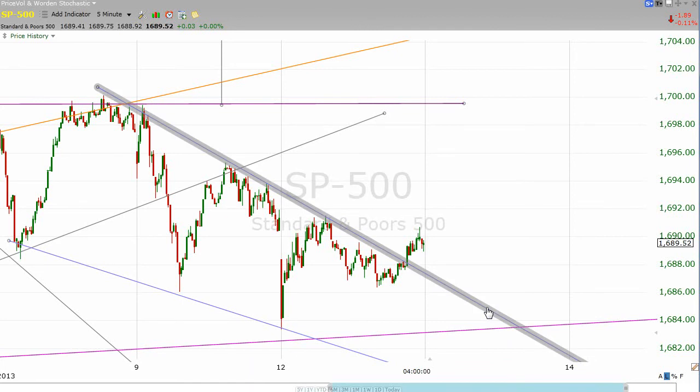That wouldn't be a surprise. But if it bounces on this line, then I think it sort of looks like this is a setup to run back up and to test that 1700 level again. And really, to be honest with you, that's about the gist of what happened today.